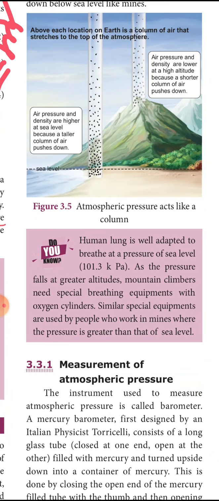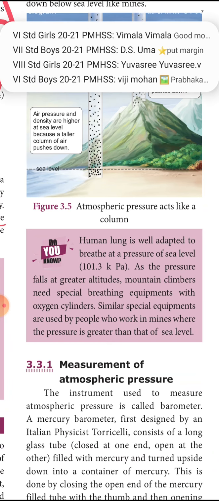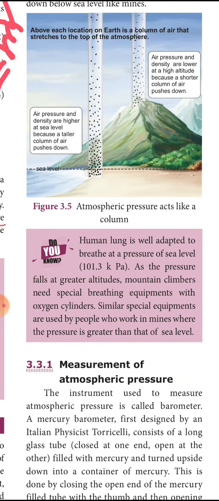Atmospheric pressure acts like a column. The human lung is well adapted to breathe at the pressure at sea level, 101.3 kPa. As the pressure falls at greater altitudes, even at a hill station, for example Ooty and Tirupati, we will find it difficult to breathe. Elderly persons will feel it more at greater altitudes. Climbers need special breathing equipment with oxygen cylinders.